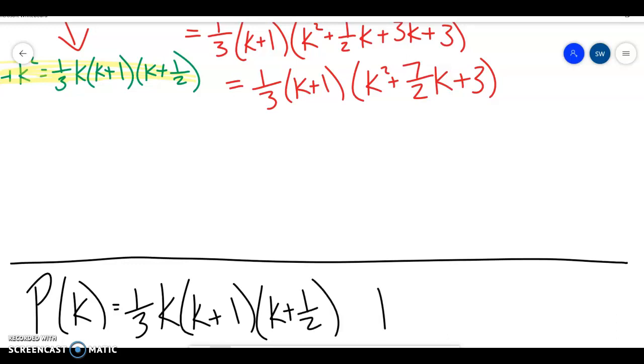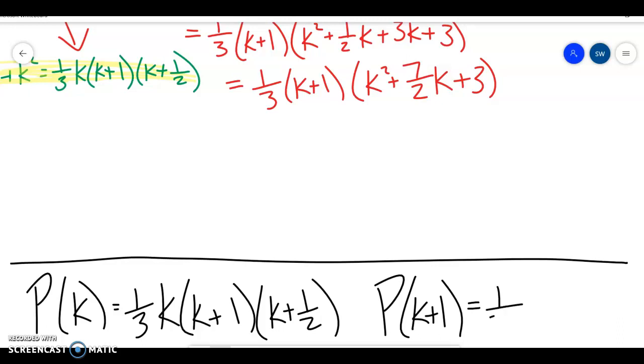We know that P of k, the sum of the first k squares, based off our assumption, is equal to this. Off to the side, usually when I'm doing a proof by induction problem, I'll write: what should the k plus 1th sum end up being? What should the sum of the first k plus 1 squares be if this holds true?